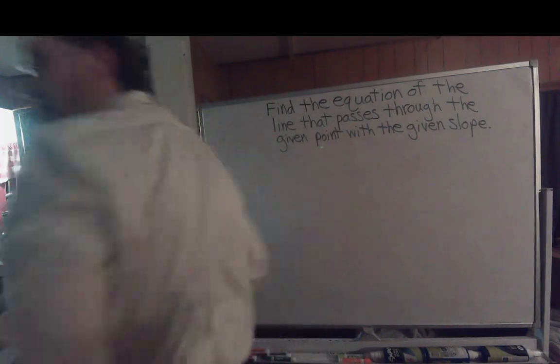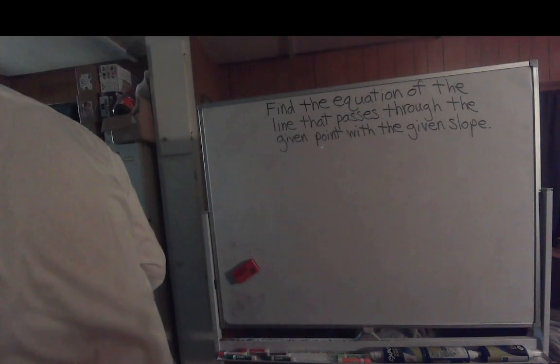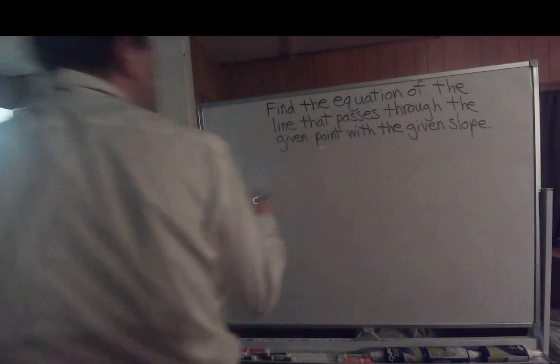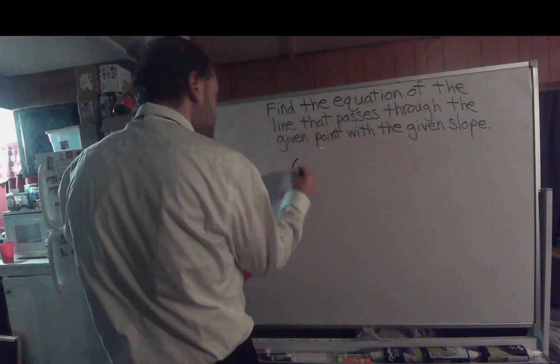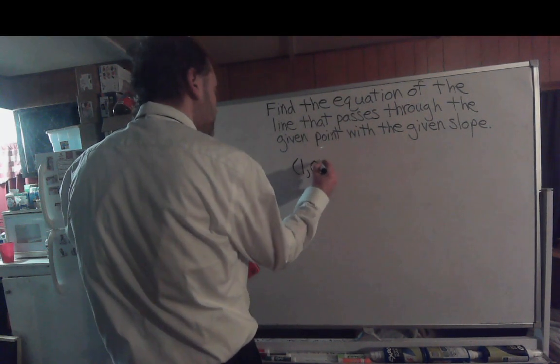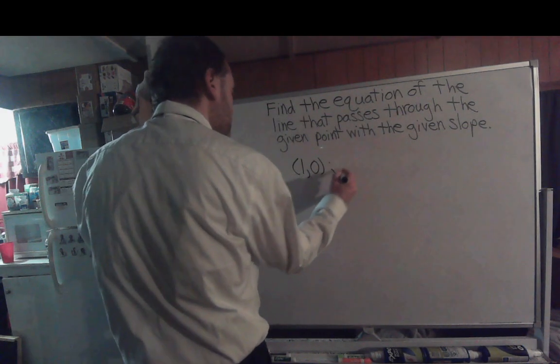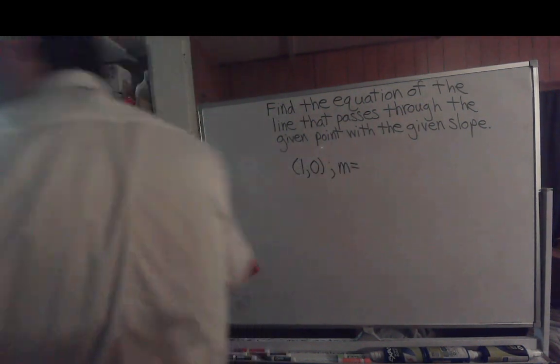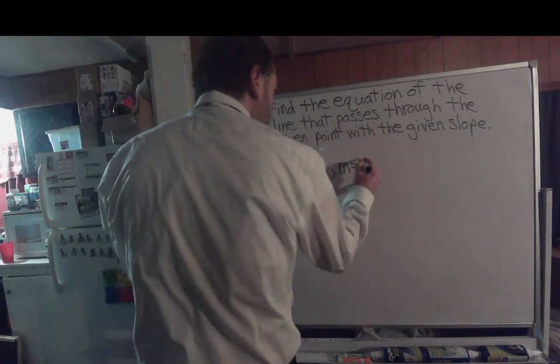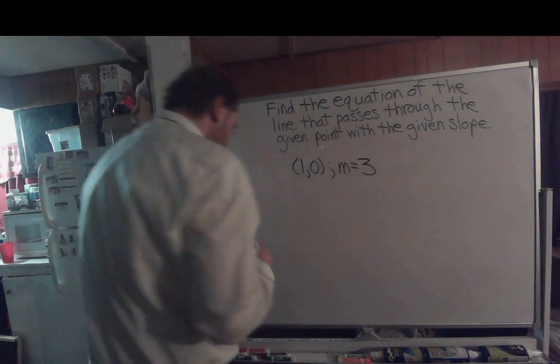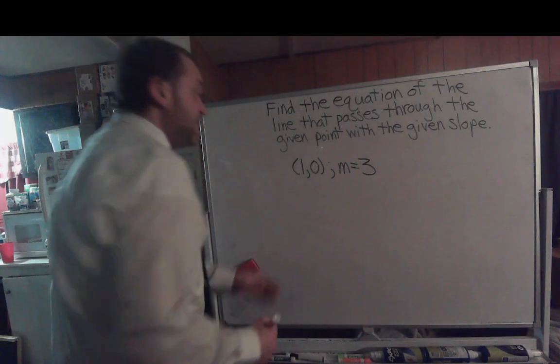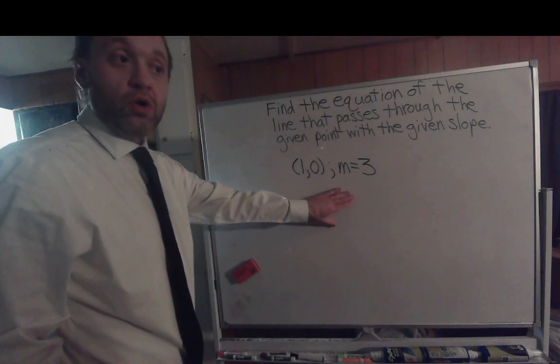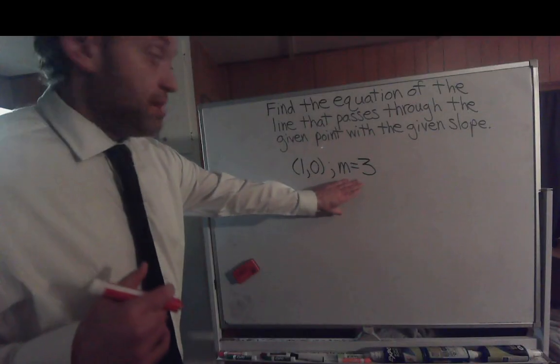Alright, so this time, what if we had the point 1, 0 with the slope of the line being 3. So this line passes through the point 1, 0 with the slope of the line being 3.